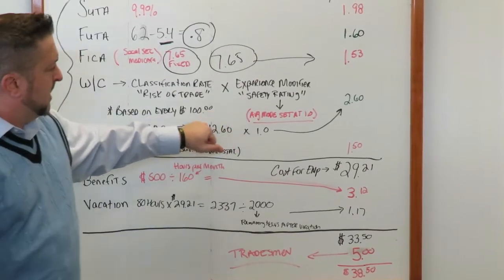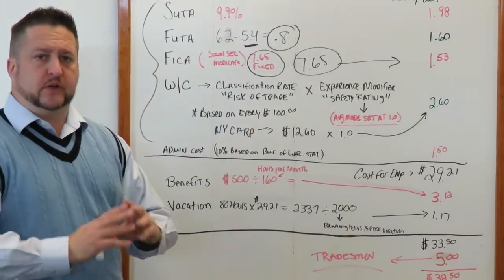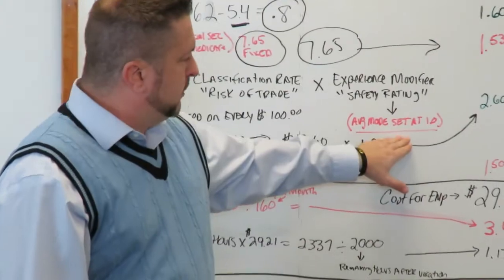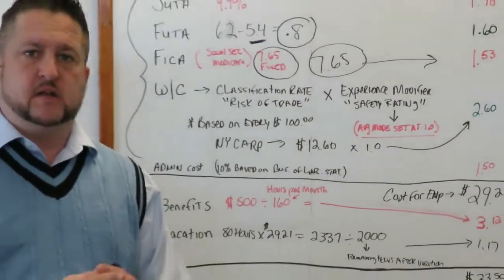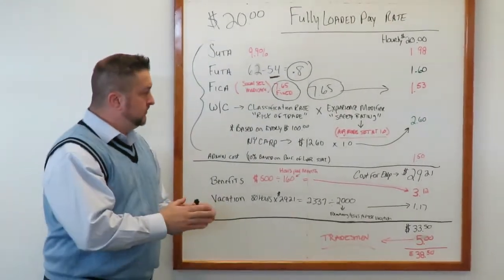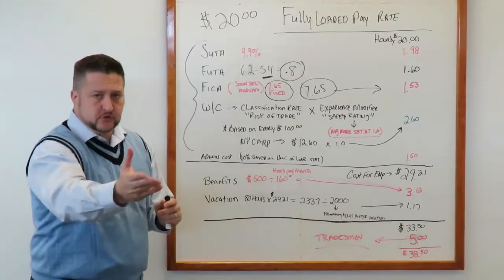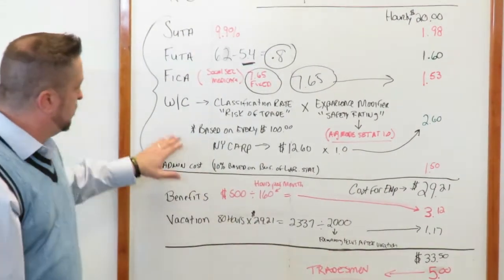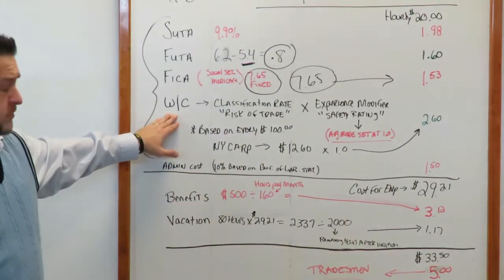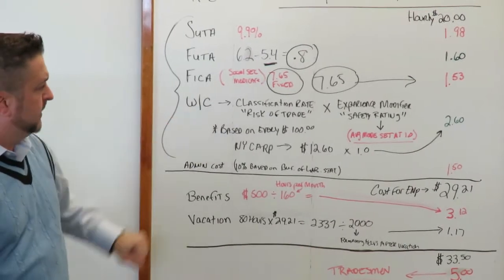Now, your safety rating is always set at an average safety rating of a 1.0. Now, a company based on too many injuries, this can go up. The multiplier can go up, which now puts the workman's comp at a higher risk for the employer, which is always bad.